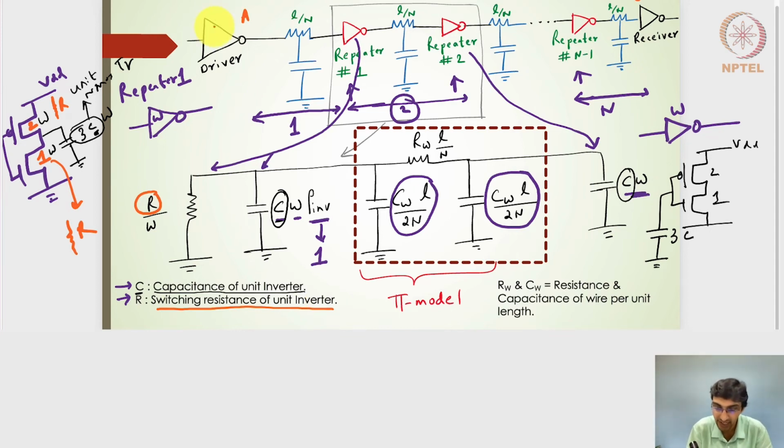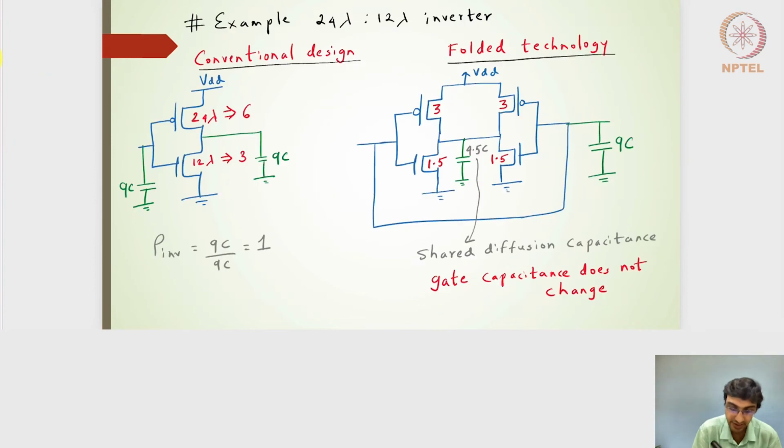Remember that we have a driver, or rather the repeater, with a scale of W, and repeaters with a scale of W, repeater n-1 with a scale of W, and RW and CW are nothing but the resistance and the capacitance per unit length of the wire. So hope this is clear.